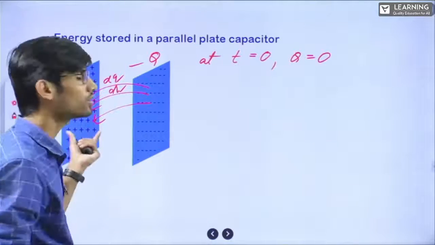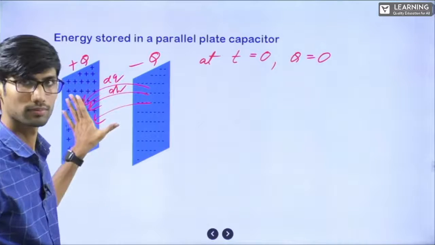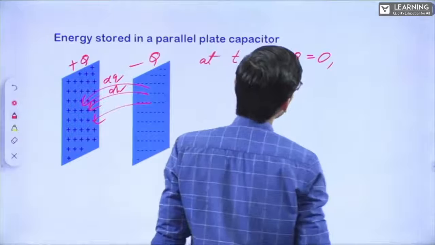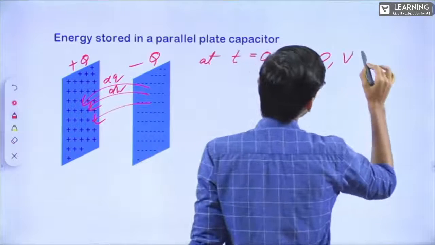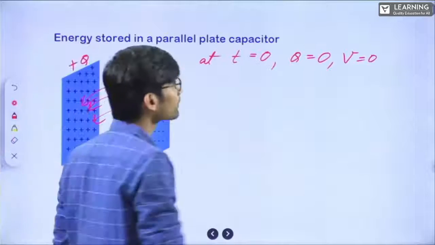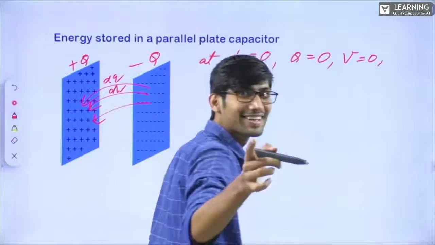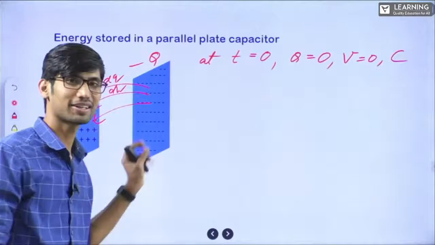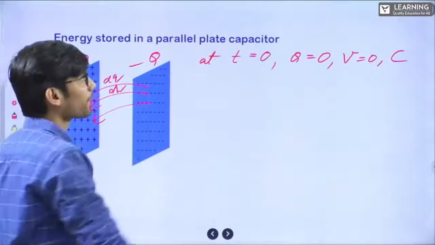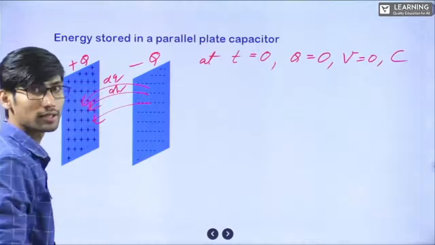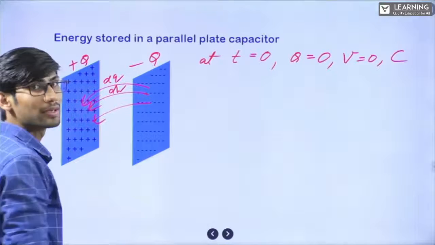We only see the charge on one plate, and we write that only. So then voltage, potential, 0. No charge, no potential difference. Capacitance will be C only. Capacitance is decided once the plate is manufactured, because the separation is already decided, the area is already decided, where they are kept, the medium is already decided.